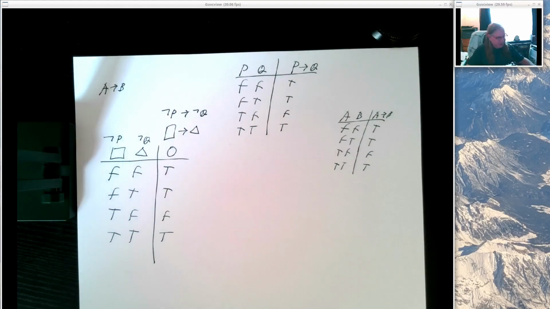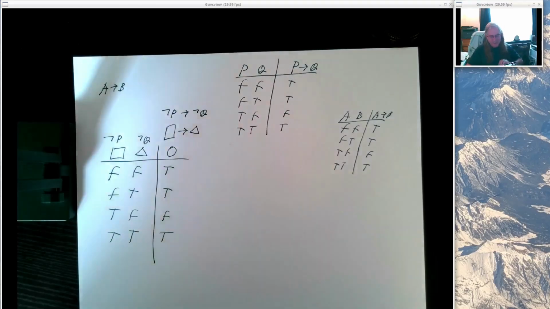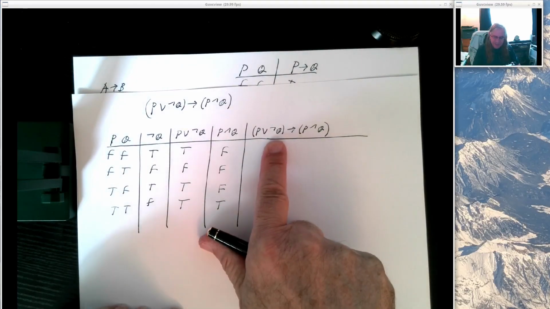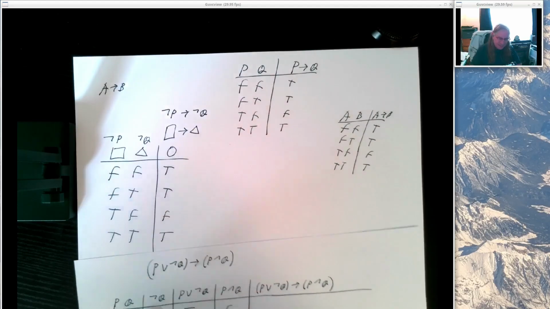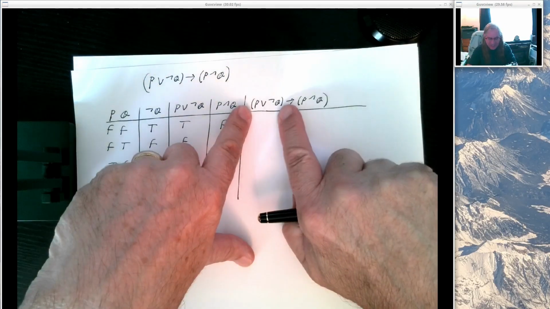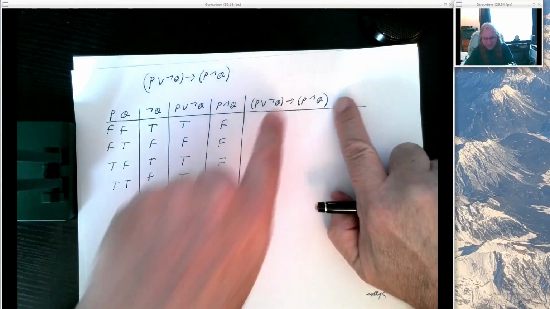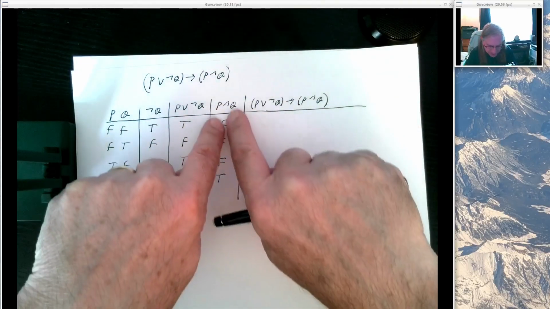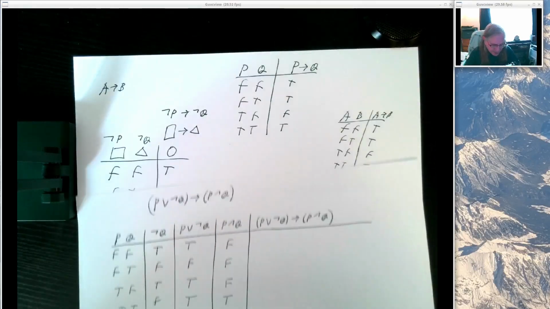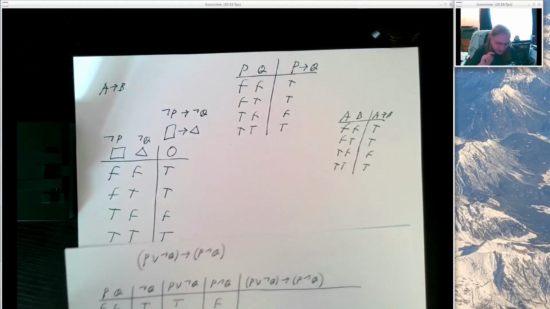Alright, why am I doing that? Because we are trying to come up with a truth table for if this proposition, then that proposition. And it's exactly the same truth table. This is the hypothesis, this is the conclusion. And this hypothesis is in this column, the conclusion is in that column. So what do we know about this truth table?